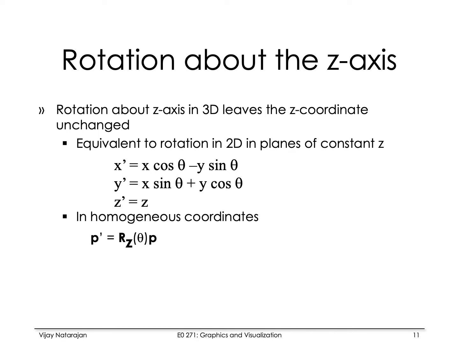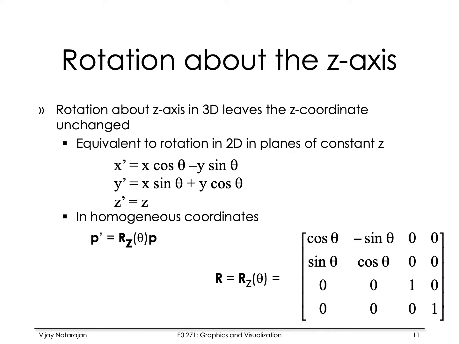So if I want to write this in homogeneous coordinates, I can think of a matrix R sub z of theta, which is a 4x4 matrix, and we essentially populate it with the coefficients that we get from the expressions here. Just writing it in the form of a matrix, we get such a 4x4 matrix.